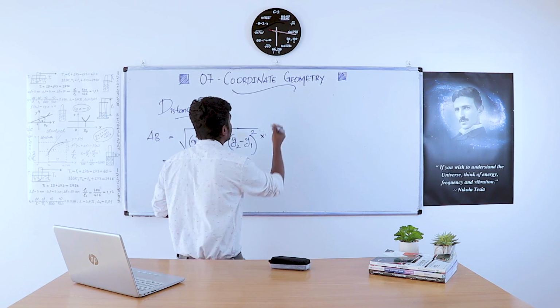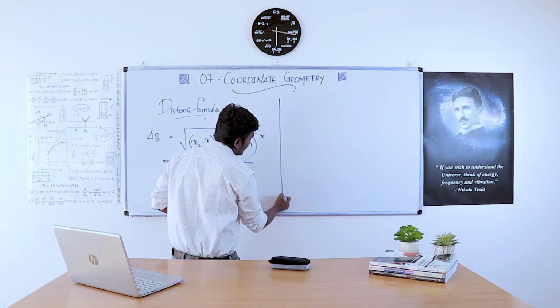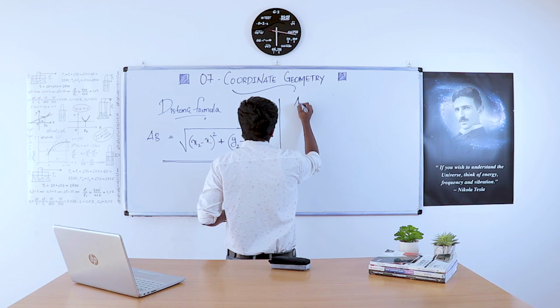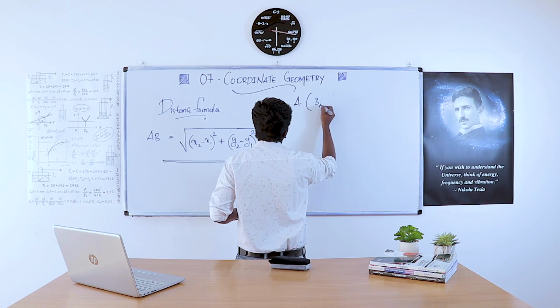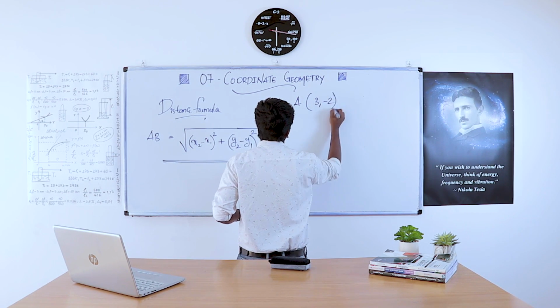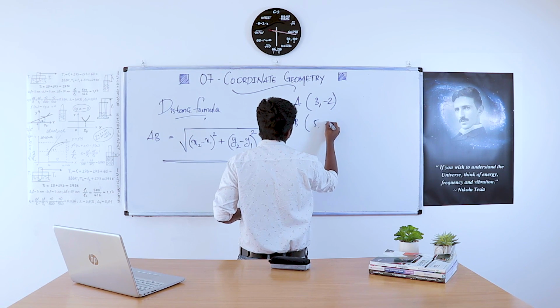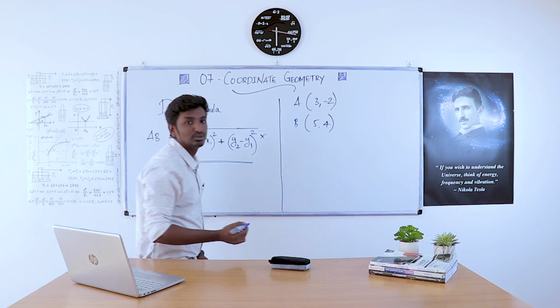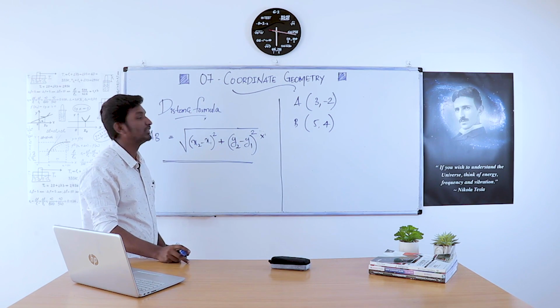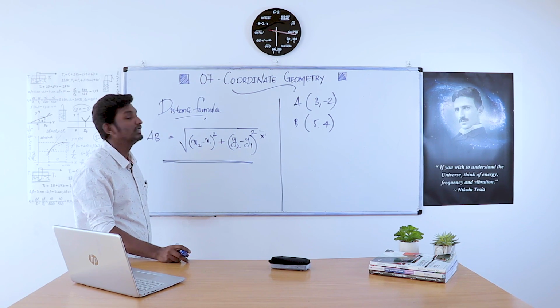If two coordinates are given such that A is equal to 3, minus 2 and B is equal to 5, 4, we need to find the distance between these points.